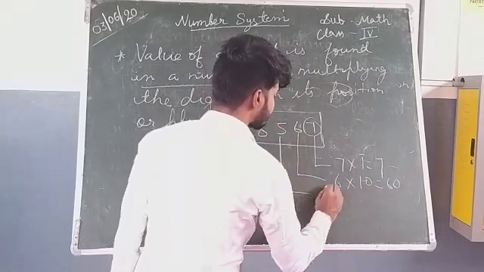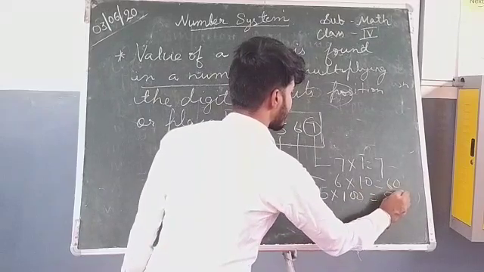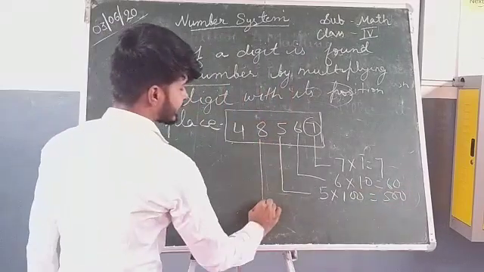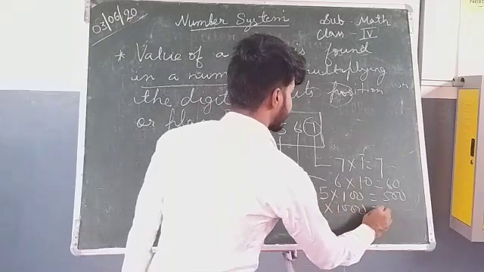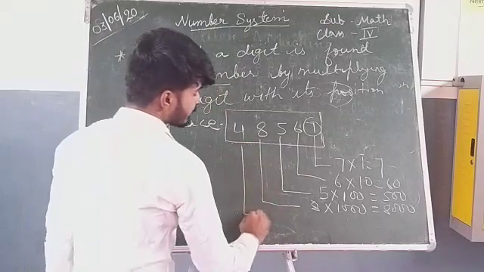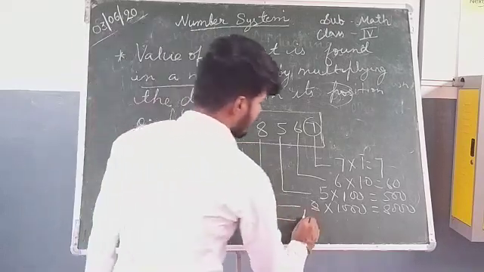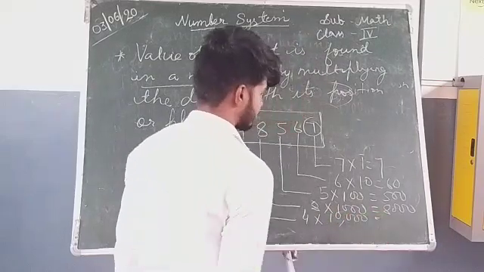Now 5 is 5 into 100 because it is in the hundreds place, so it will be 500. Now 8 will be 8 into 1000, that is 8,000. Now in the place of 10,000, that will be 4 into 10,000, that is 40,000.